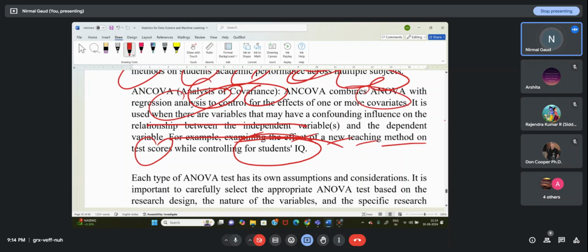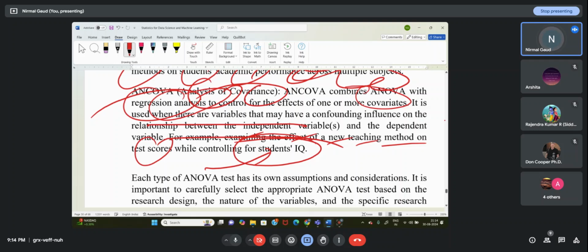How can we control the student IQ? Okay, so they are saying that you are going to perform regression analysis. I will be teaching ahead what it is.